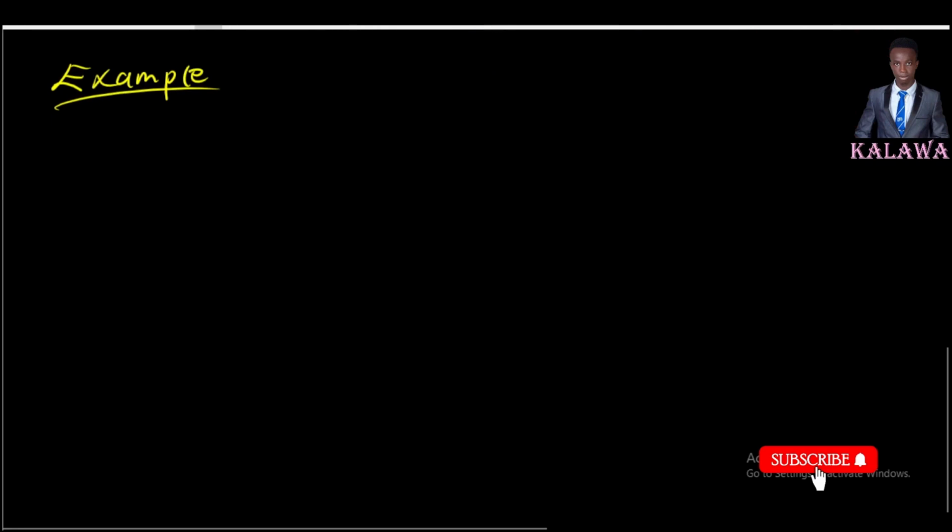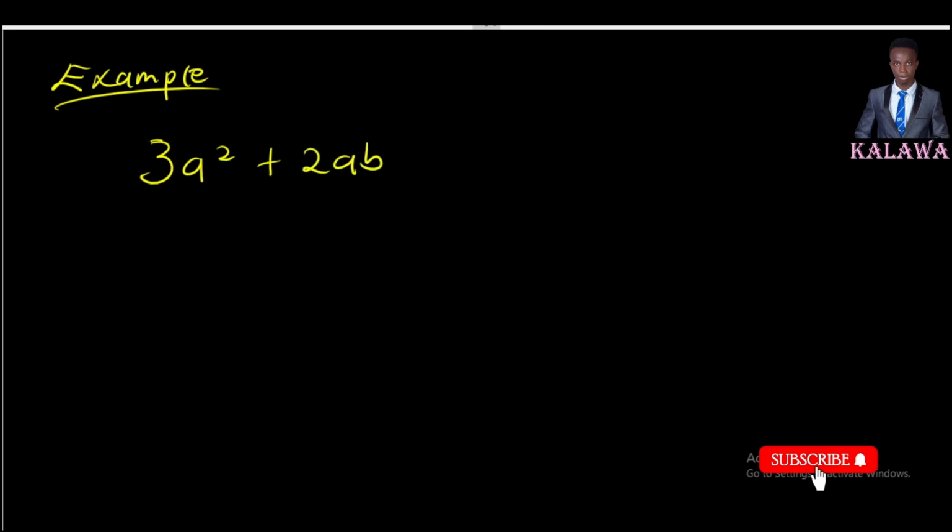Now let's say we are given 3a squared plus 2ab minus 12ac minus 8bc.